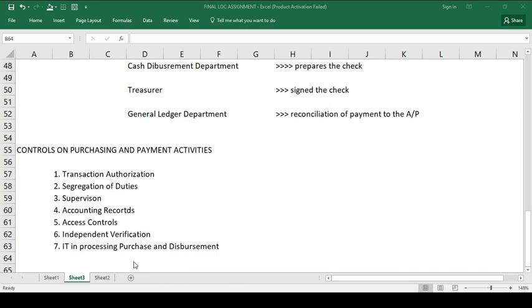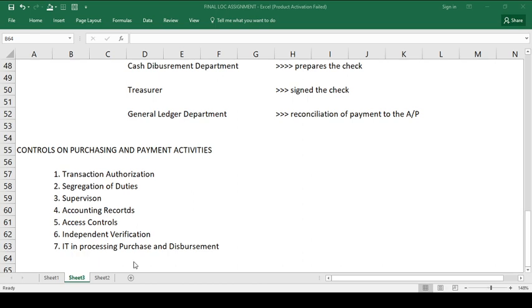Okay? For example, paying online is a good control. Ibig sabihin, if we pay the supplier via its bank account, that's a good control na ibig sabihin, the payment that we made is actually for the supplier, not for other person, no? Not for other person.